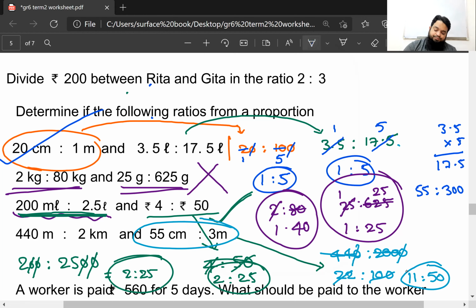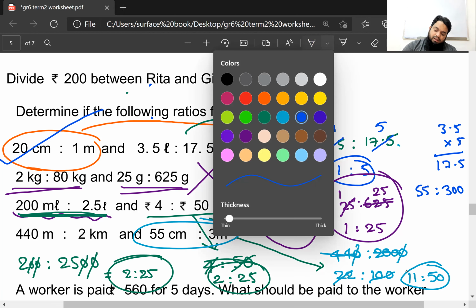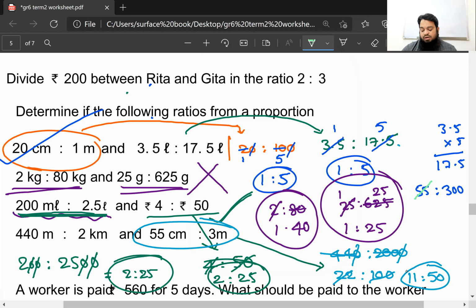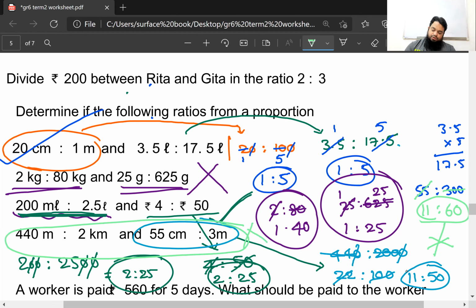Let us check. 11 is not divisible, sorry. 5 11s are 55 is to 5 6s are 30 and 0. It is 11 is to 60. So these two are not equal. So therefore, these two are not in proportion.